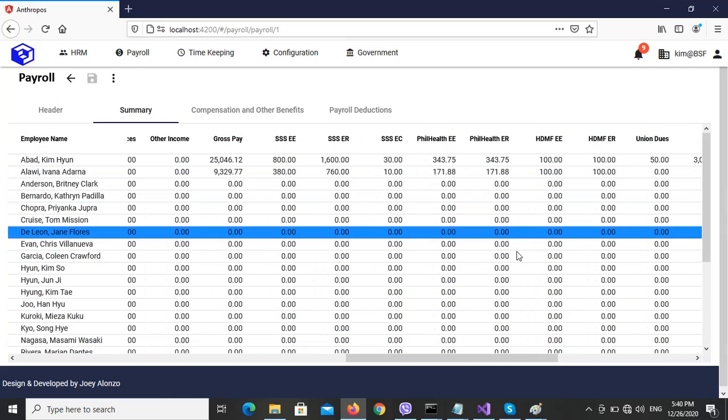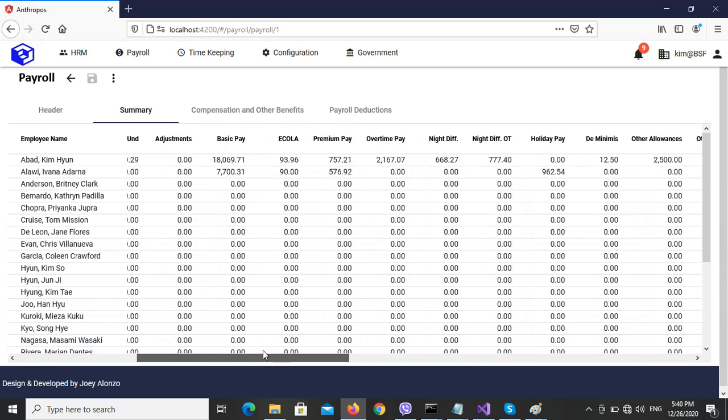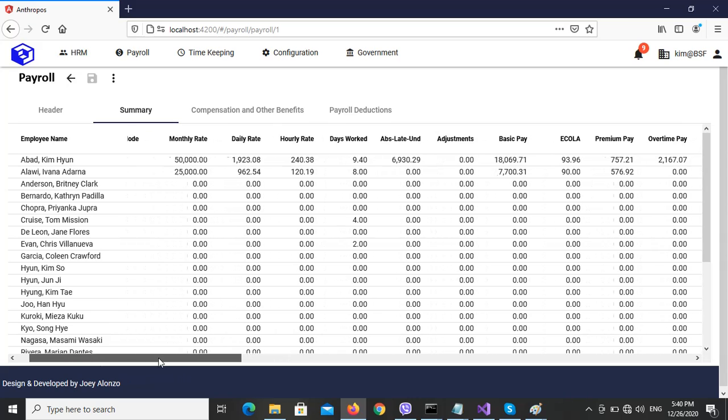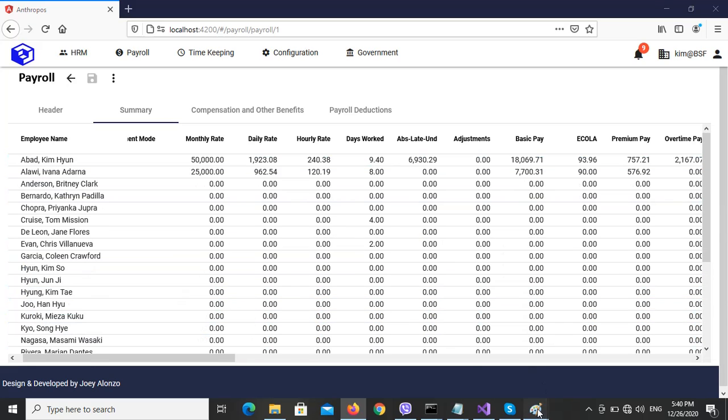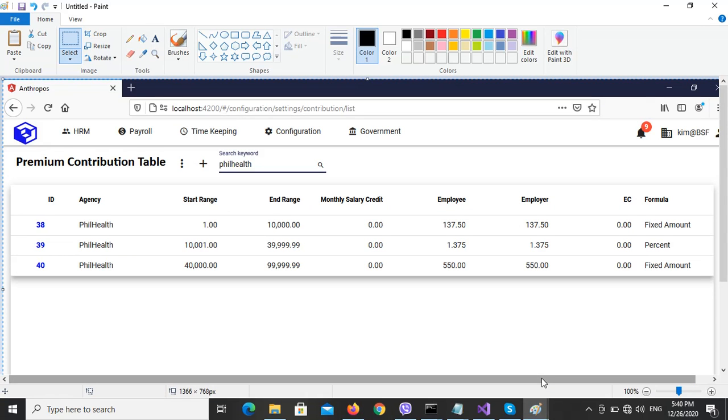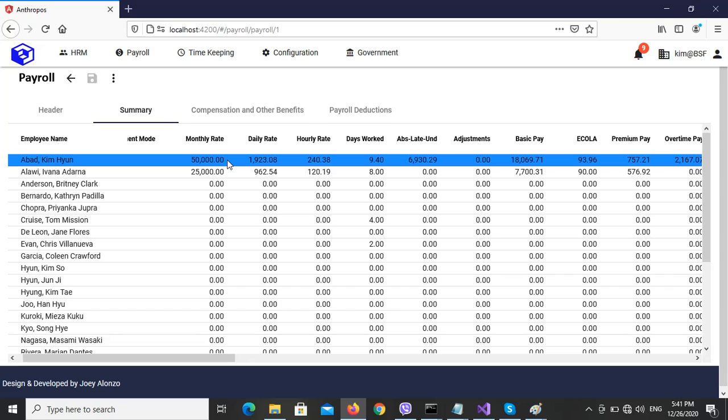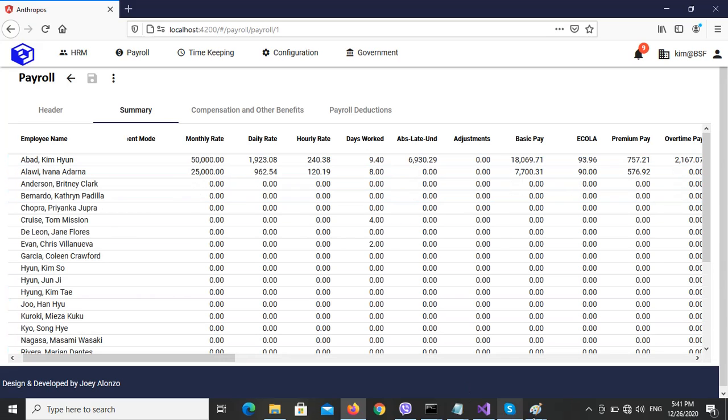So for PhilHealth, it will be the monthly basic pay, which is this. Since we are doing it per period, it will come to this range. Although her salary, if you look at here, the monthly rate is 50,000, but since this is per period, that means it should be half of this, which is 25,000.